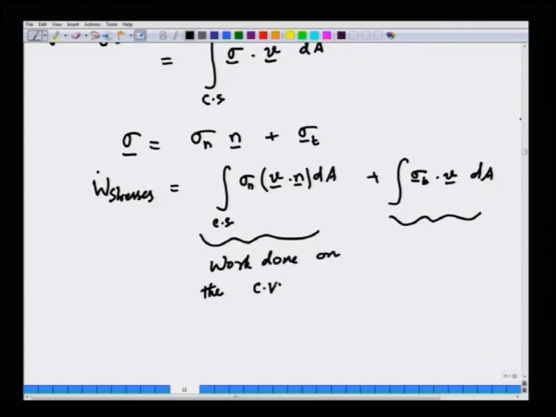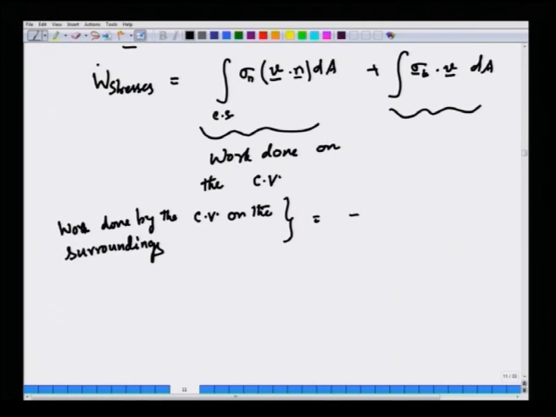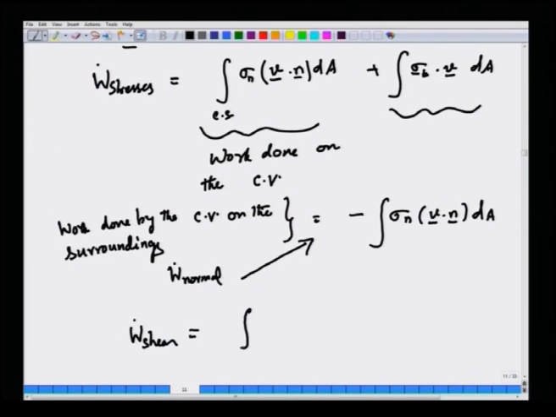If you want to know the work done by the CV on the surroundings, it is nothing but minus, so the normal component of the work W dot normal is the negative of whatever we have written, because this is basically the work done on the CV. But the work done by the CV on the surroundings due to the normal component of the stresses is this, and due to shear it is nothing but minus sigma t dot V dA.